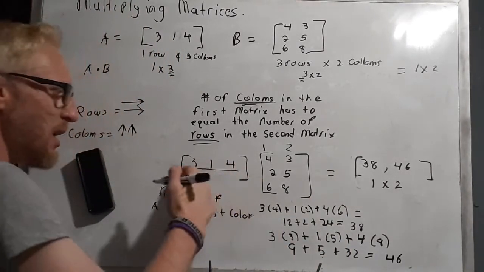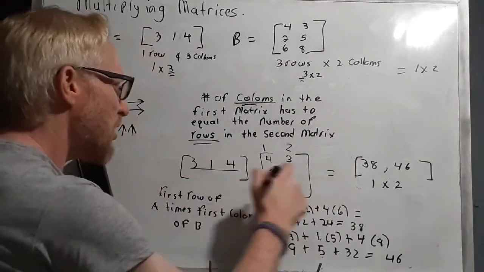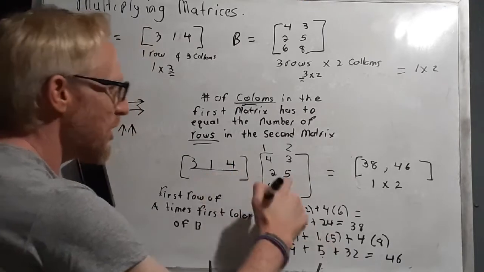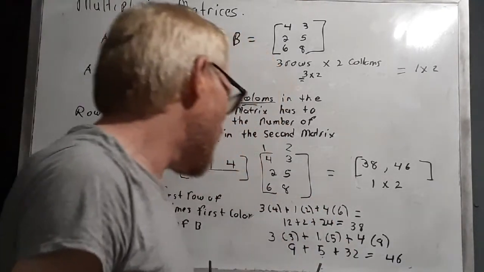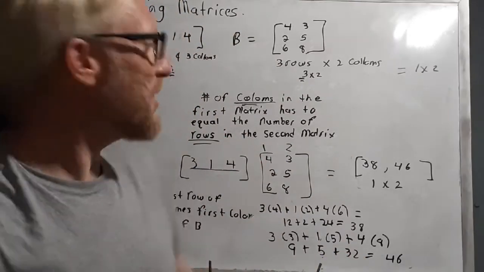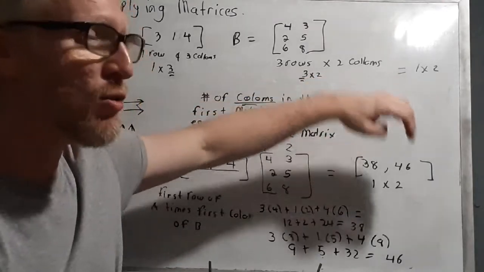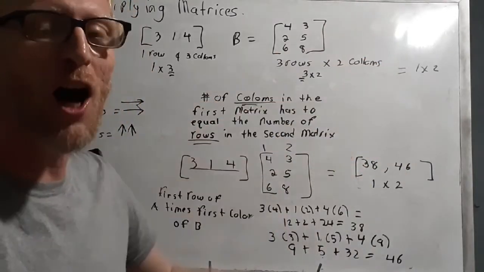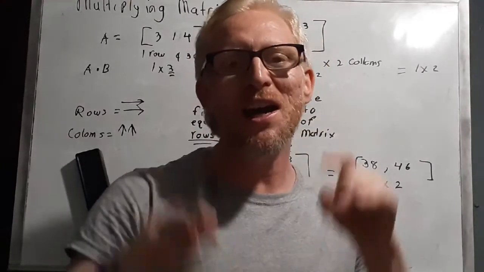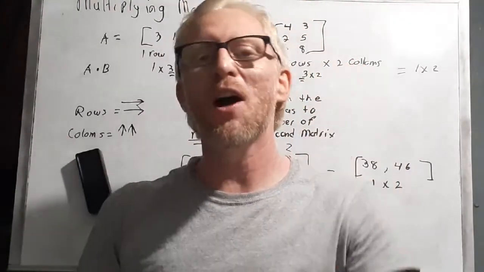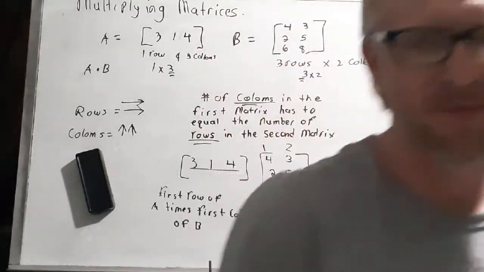Then I do the same thing with the second column. 3 times 3 is 9, 1 times 5 is 5, 4 times 8 is 32. 9 plus 5 is 14, 14 plus 32 is 46, which means that my answer is a matrix of 1 by 2: 1 row, 2 columns. I'm going to be back with another example, so go ahead and pause this video and rewind it and practice that problem over and over, and I'll see you in a few seconds.